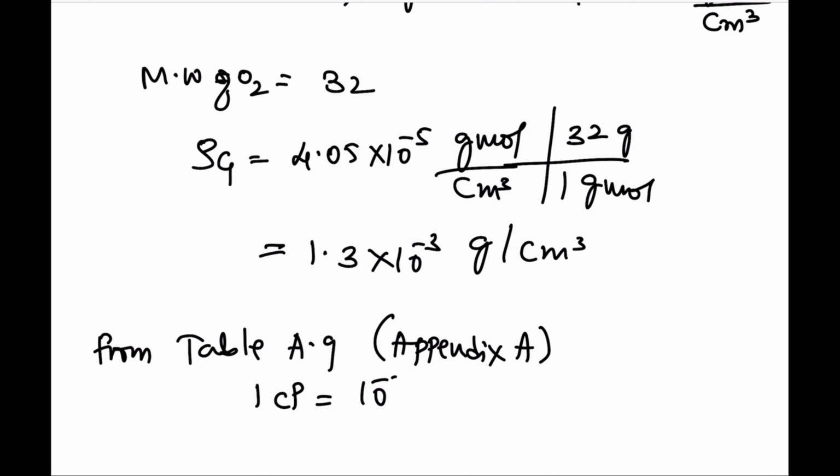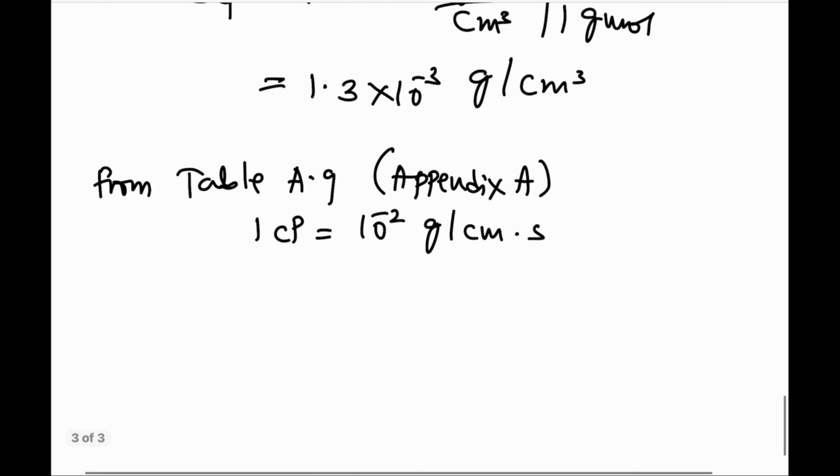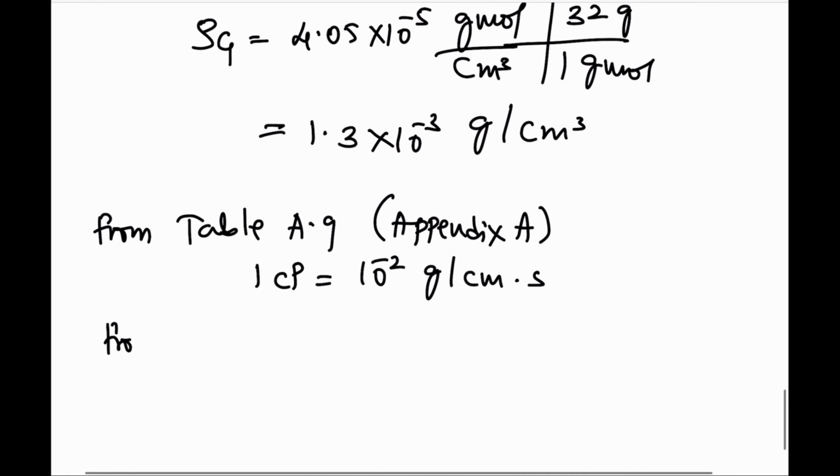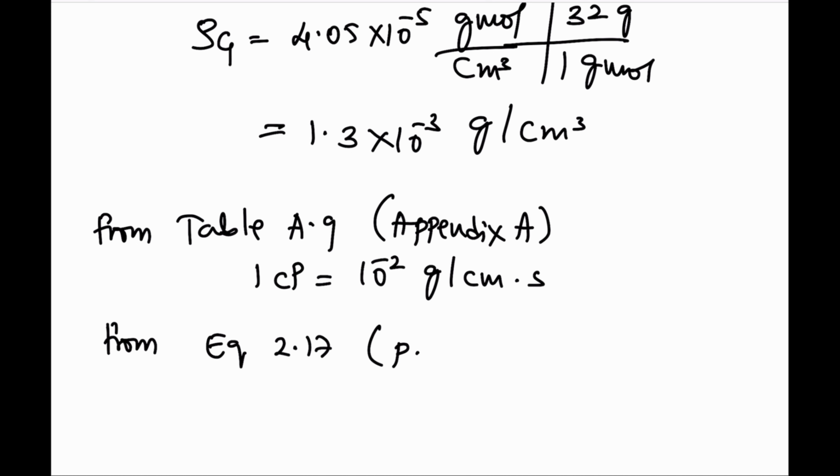Also from equation 2.17, on page number 22, g is nothing but 980.66 centimeter per second square, and we also know 1 centimeter is equal to 10 mm.